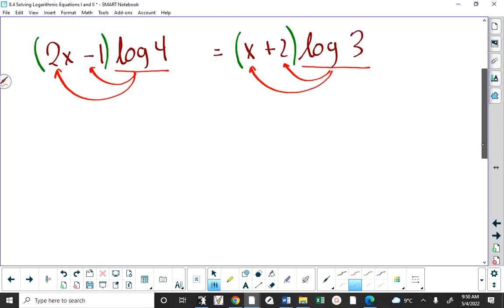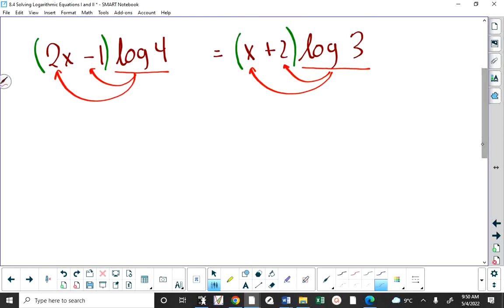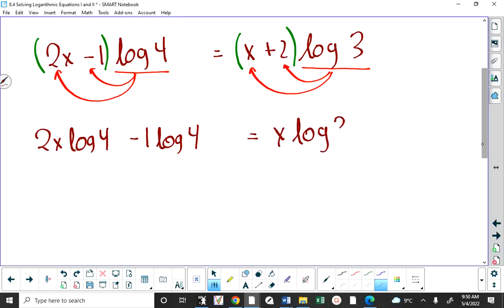And when we do that, I will get 2x log 4 minus 1 log 4. And we certainly don't need to write the 1 there. Equals x log 3 plus 2 log 3.